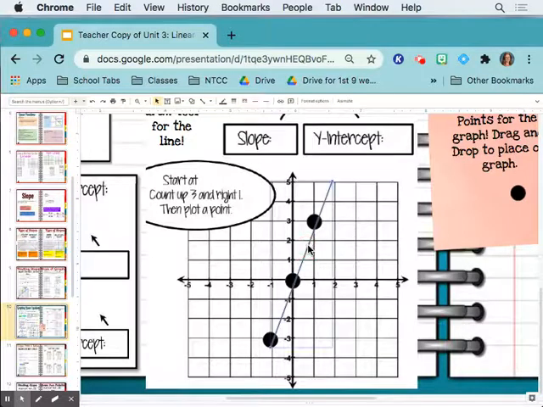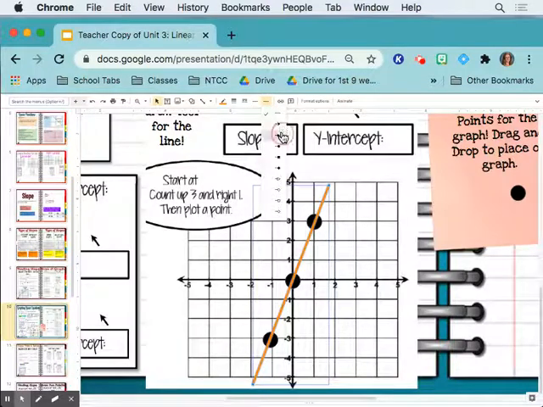I'm going to do orange. And I want to put the arrows on the ends.